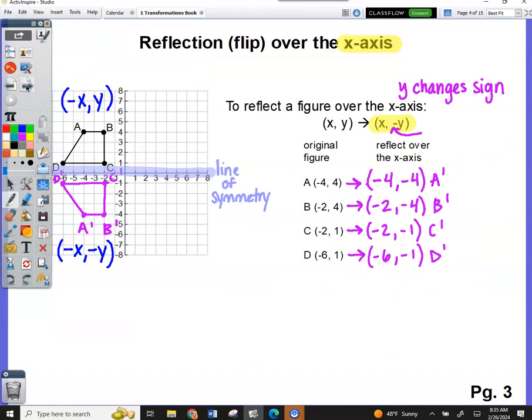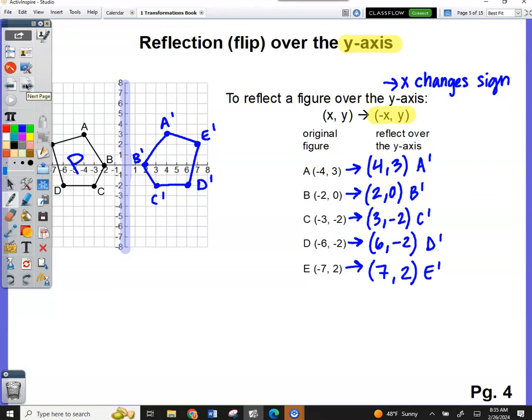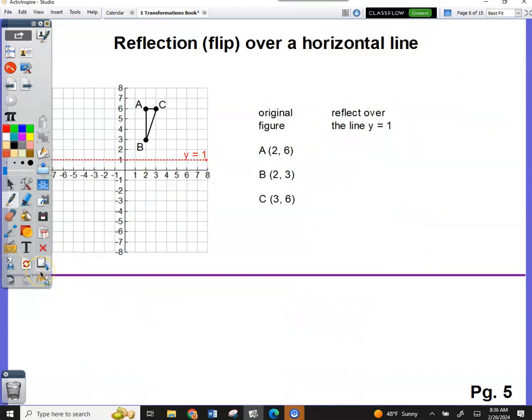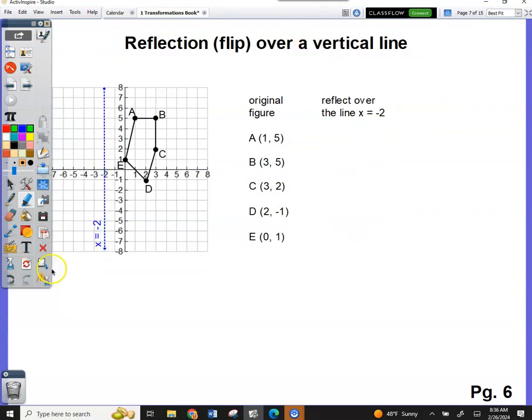This was when we reflected over the x-axis. This is when we reflected over the y-axis. Now we're going to go here. We're reflecting now over a horizontal line. Then we're going to reflect over a vertical line.